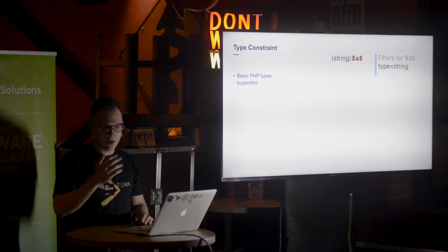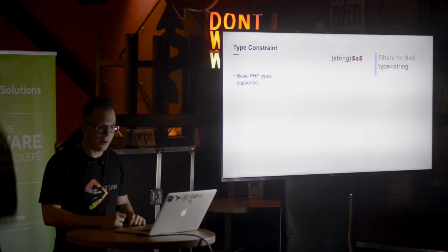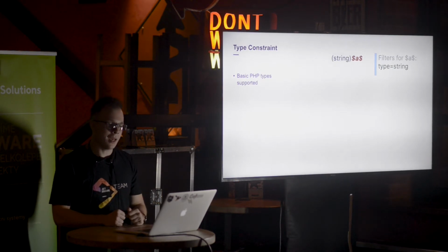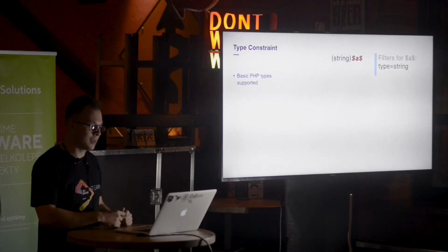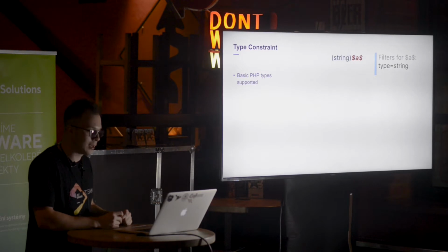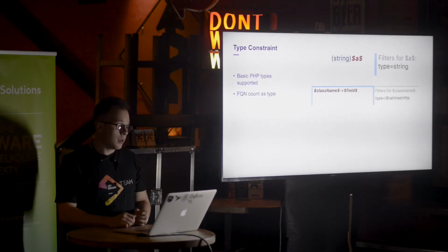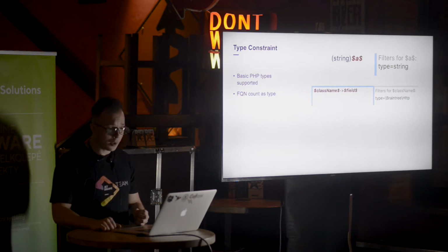By using this type, you can find all expressions that have at least this type. For example, in this case, you can find all uses cast to string, because A is expected to be of type string. Fully qualified names of classes count as types as well.